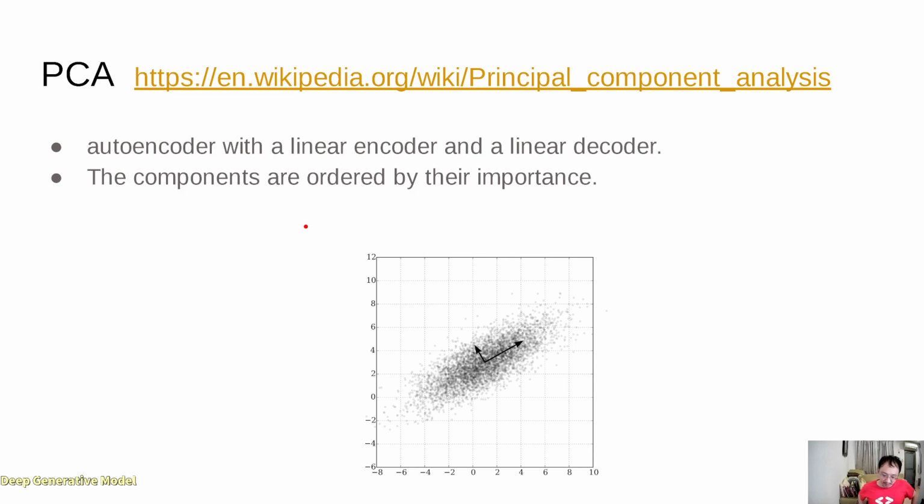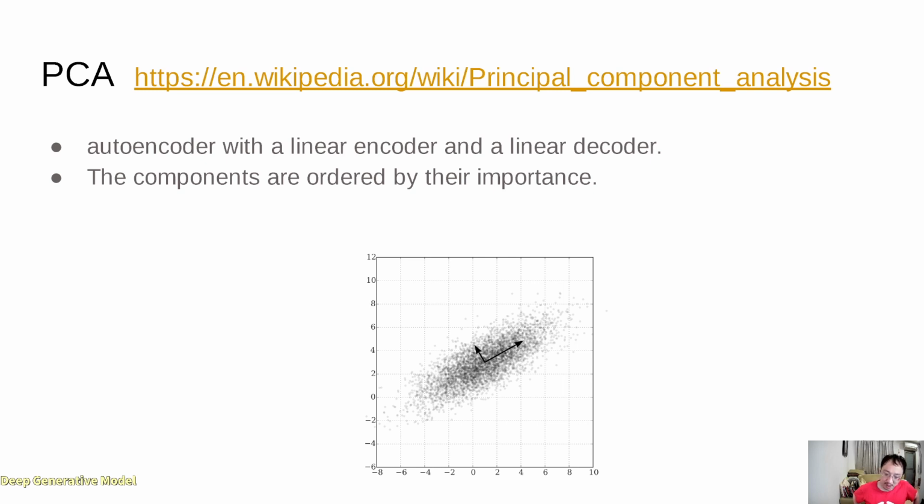Okay, so let's talk about PCA. Autoencoder can be considered as a generalization of PCA, which stands for Principal Component Analysis. So what is PCA? If you already have a concept of autoencoder, then it is very easy to know what PCA is.